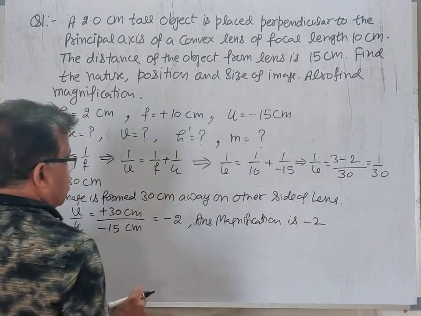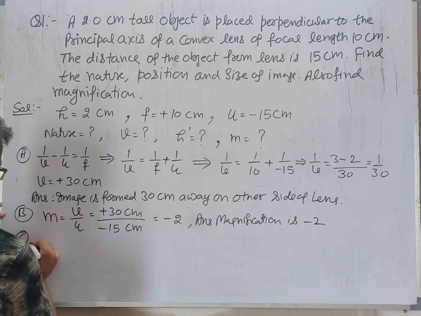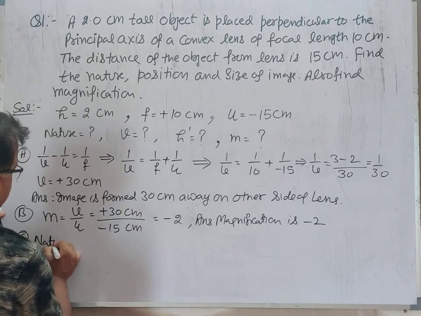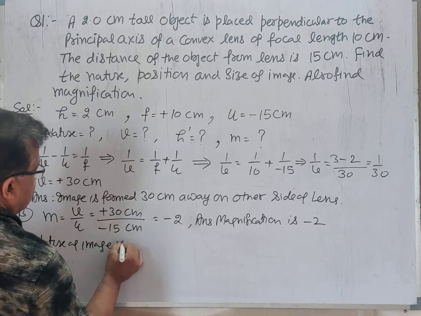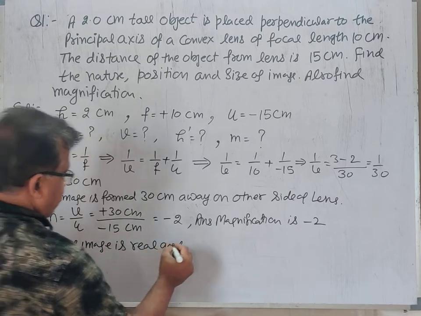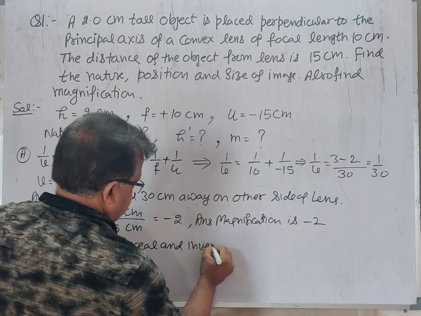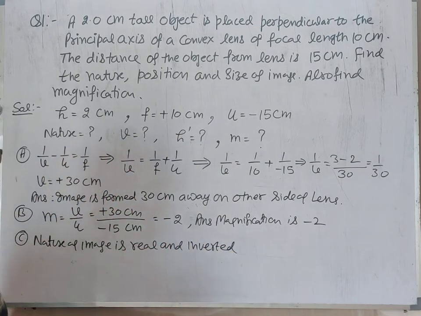This also shows the nature of the image. C, nature of image is real, and because it is real, therefore real and inverted. Why? Because m is minus 2.